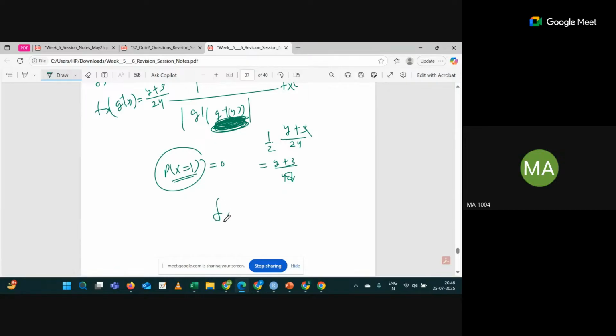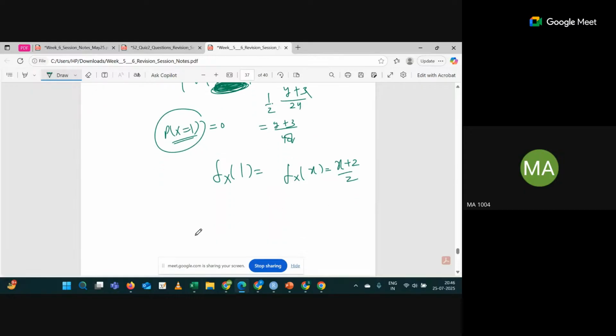But if I say f_X of 1, I am saying what is the value of density when x is 1. Suppose f_X(x) is x plus 2 divided by 2. Then f_X of 1 will simply be 3 by 2. So density can be more than 1. It's not about probability. Oh, got it. Density is mass per volume, right? Okay.